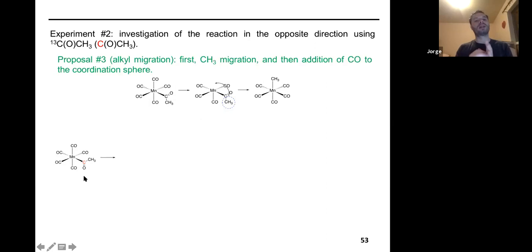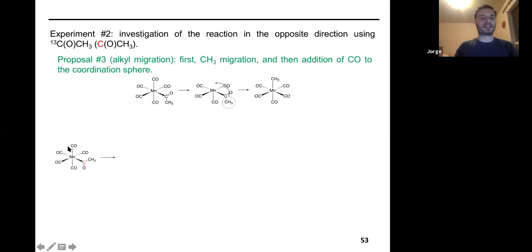So now let's do the same thing. Let's analyze all the four possibilities. Remember that the fifth possibility is unlikely to happen because that would require migration all the way to the opposite side. And I'm going to do the same thing as I did before.